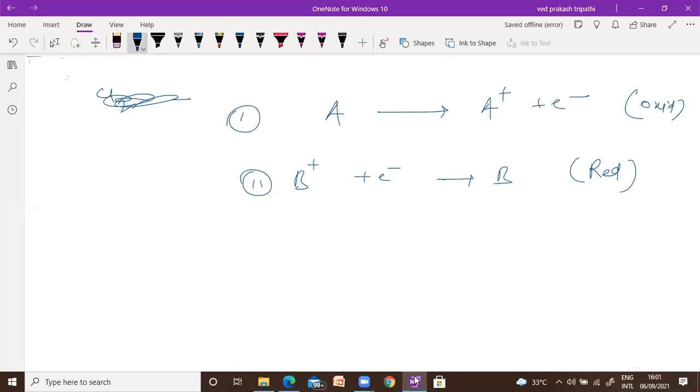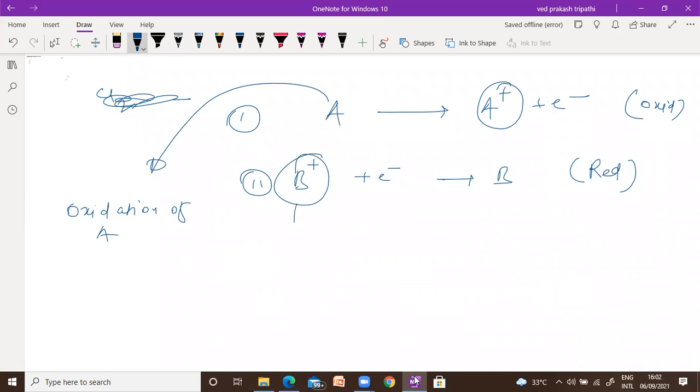But here the oxidation of A is happening, because A is losing the electron. I am not saying oxidation of A plus, no. And here B plus is reduced, so this is the reduction of B plus.